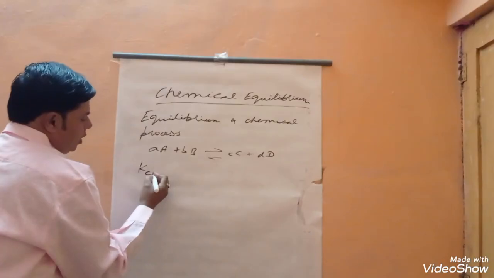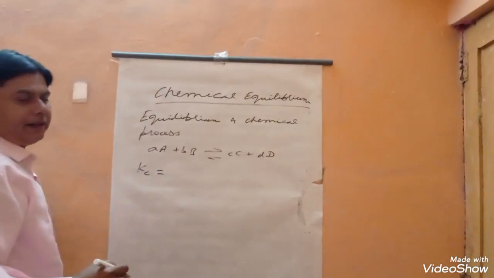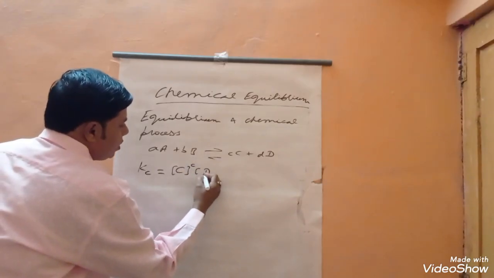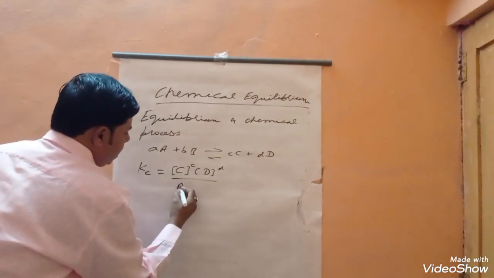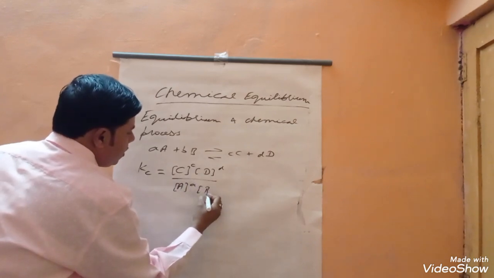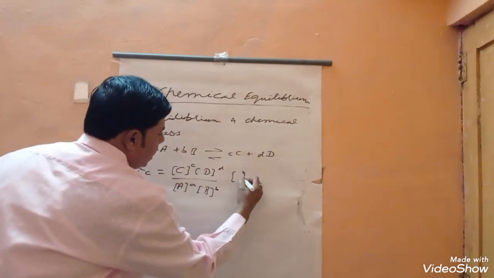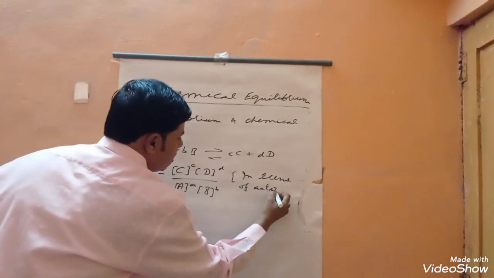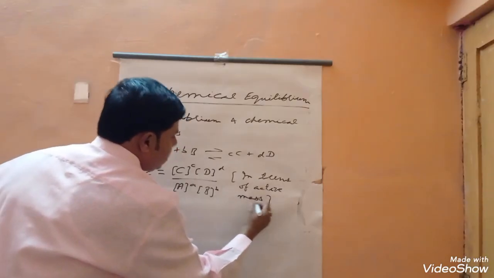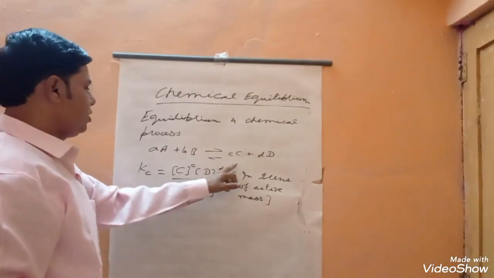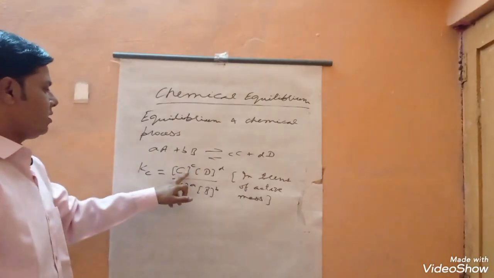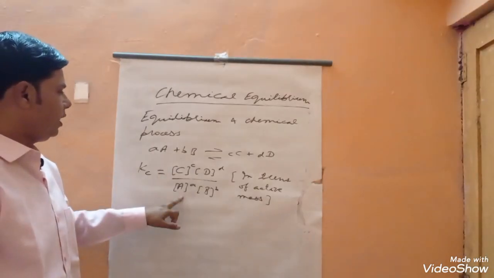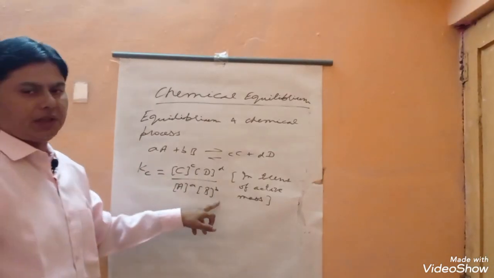If we calculate the equilibrium constant in terms of active mass, the formula becomes [C]^c [D]^d upon [A]^a [B]^b. So the equilibrium constant Kc is the concentration of C to the power c, concentration of D to the power d, divided by concentration of A to the power a and concentration of B to the power b.